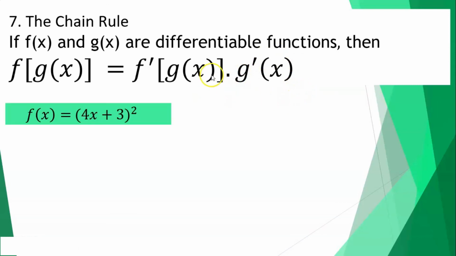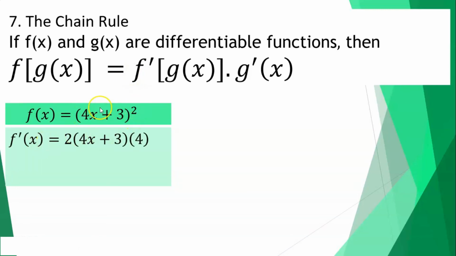For example, if you're given f(x) = (4x + 3)². To get its derivative, multiply 2, so that would become 2(4x + 3), 2 minus 1, so we'll have 1, times the derivative of the base. Derivative of 4x + 3 is 4. So simplifying further, we will have 32x + 24.